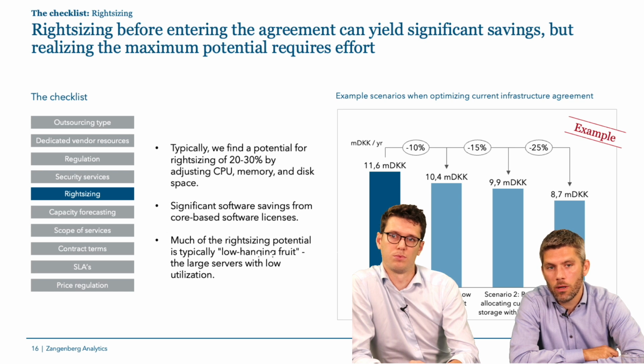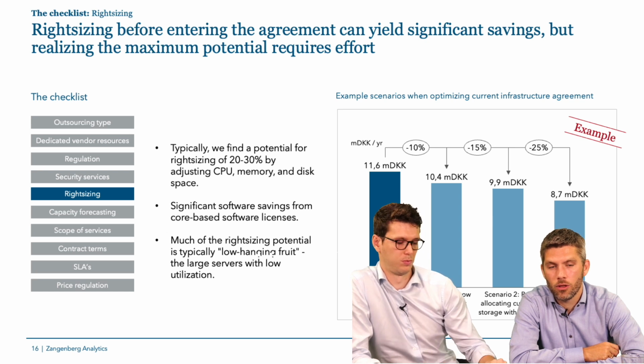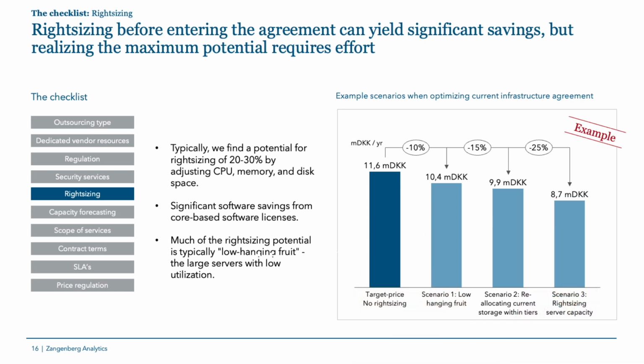When we talk about entering into an ITO agreement, right sizing is in particular a good thing to consider, because it's a good opportunity, or right time, to consider right sizing, just as when you move from one house to another, you typically do some more housekeeping and some cleaning of the attics, because you realize if we're going to move all of this, we're only going to move it if we actually need it.